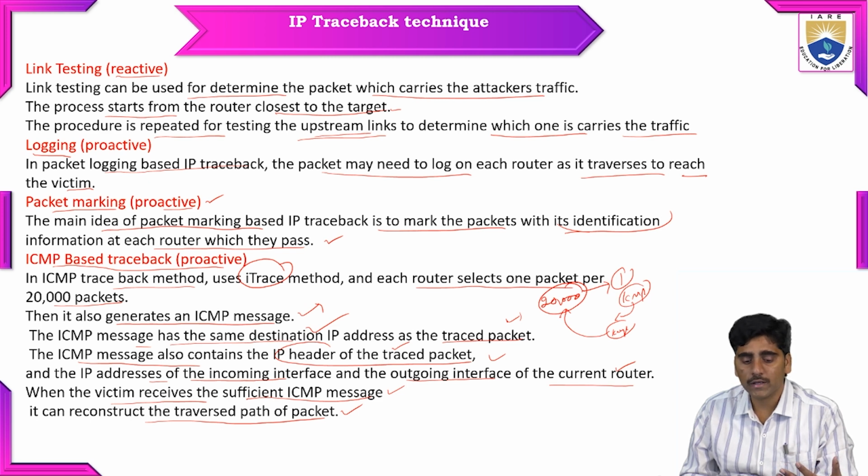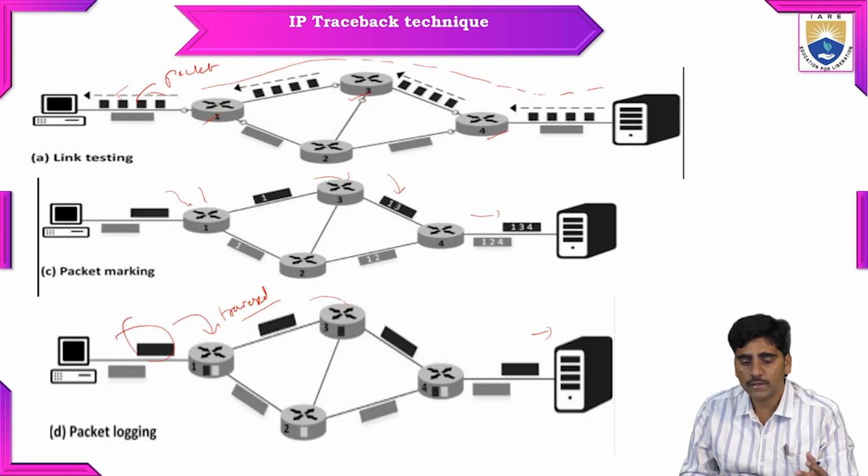And logging, packet marking, and ICMP based tracebacks are the proactive methods. They use the process during the packet transmission, during the packet traversing process. So link testing, packet marking, and packet logging.